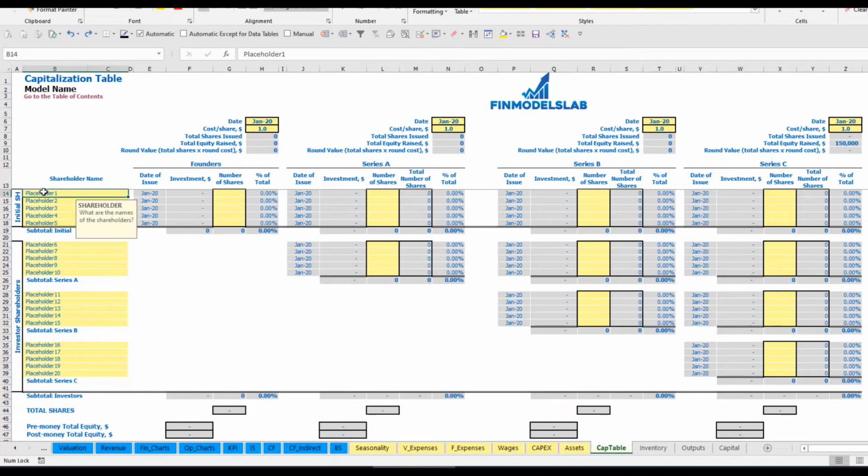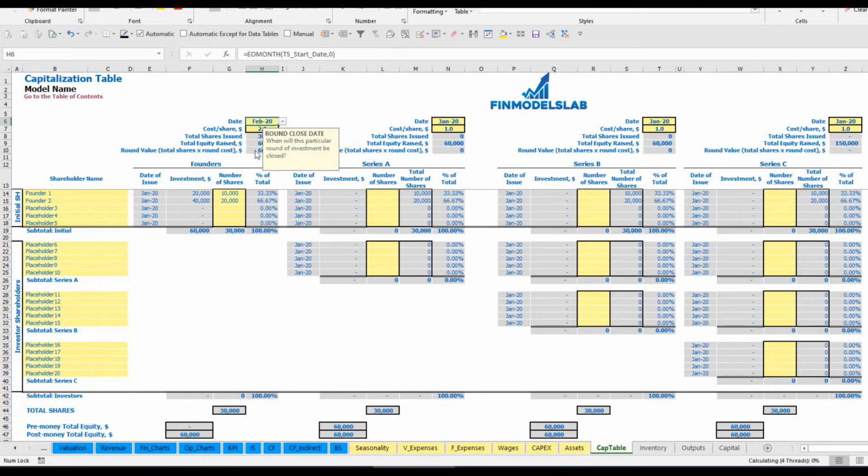Let's pretend that we have 2 founders, founder 1, founder 2. So total amount of shares for founder 1 can be 10,000, for founder number 2 20,000. Let's imagine that cost of share will be $2 and the date of founding is February.